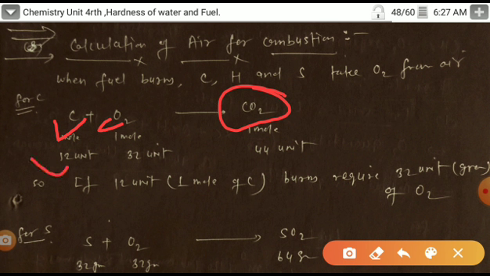In another way, 12 gram of carbon for complete combustion needs 32 gram of oxygen. Then 44 gram of carbon dioxide will be formed after the complete combustion of 1 mole of carbon present in any kind of fuel.